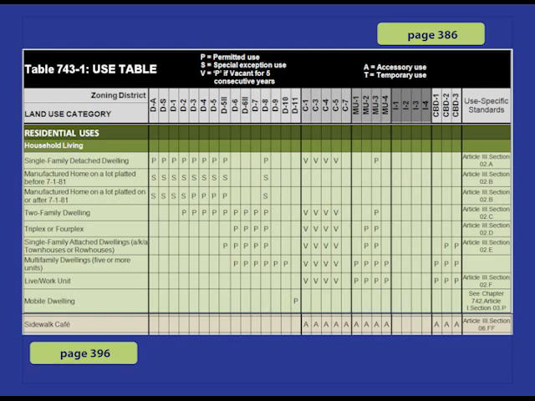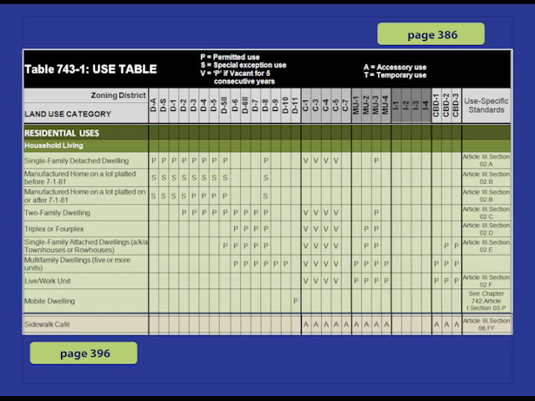When you go across this table, you'll also see the single-family attached dwelling, also known as townhouses or row houses. These are permitted in the D5-2 district, the D6 district, D6-2, D7, and D8 dwelling districts.